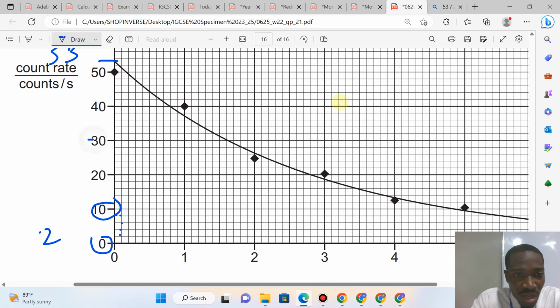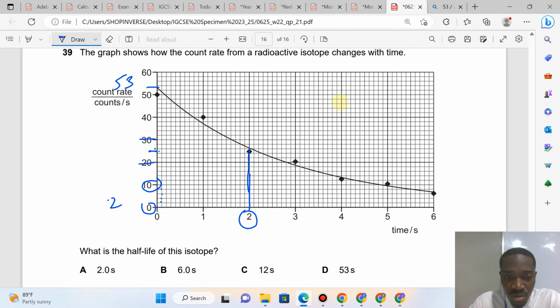This is 30, this is 20, this should be 25. 26.5 should be somewhere around here. So this is where we have 26.5. Hence the half-life should be around 2 seconds. So that is option A. A is the correct answer to question 39. I hope you understand the steps I took while looking for the answer.